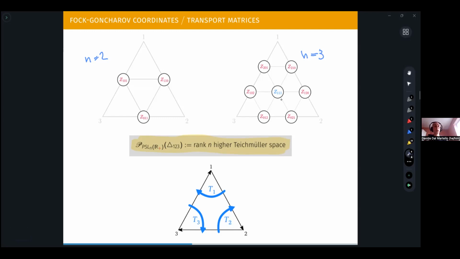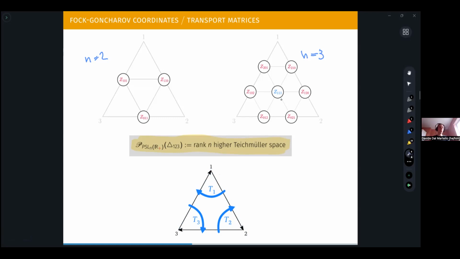As I said, there are special projective bases associated to the sides of the triangle, in particular to oriented sides of the triangle. So this is going from 1 to 2, that's why the arrow is pointing down. This is from 3 to 1. By comparing two bases, I naturally get a matrix by thinking of a change of basis matrix.